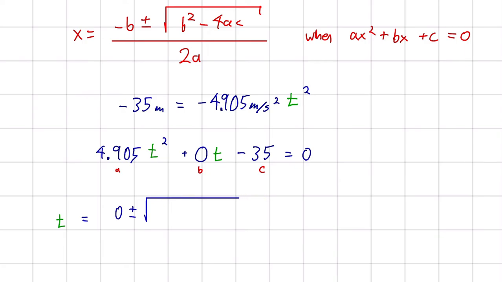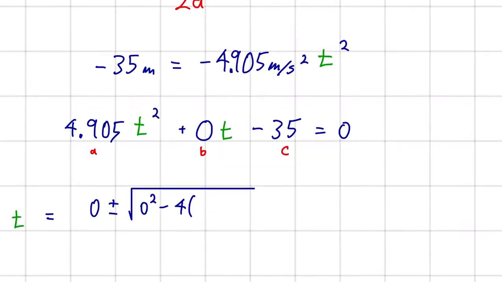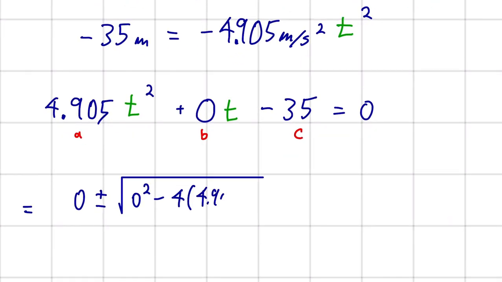And again, our value for b is 0, so 0 squared times minus 4 times a times c. So c is our 35. And remember the negative 35.